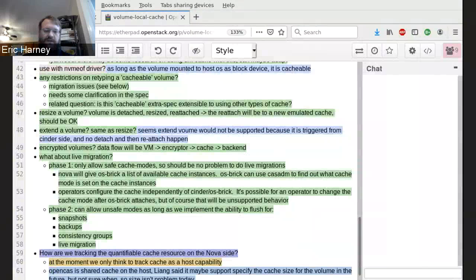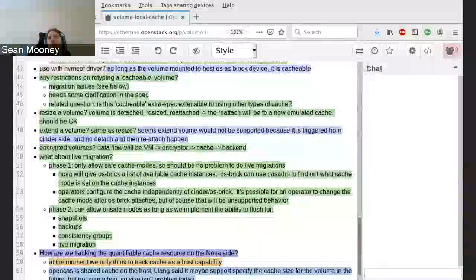You run into the same thing there if you want to have different ways to do the caching in the same deployment, even if you're only using OpenCAS. Yeah, although that feels orthogonal, right? Write back, write through, write around should be transferable to other caching types, so it shouldn't be in the same key. It should be a separate thing to say how it's cached, ideally.